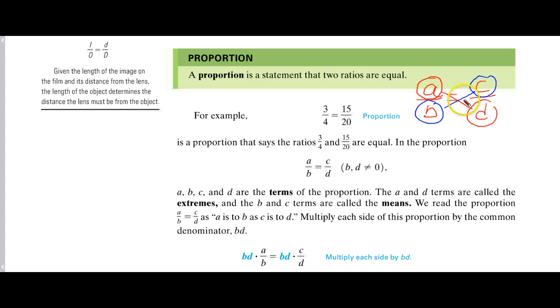So we say the product of the extremes equals the product of the means. So we can use this as we cross multiply, that AD equals BC, and we get this particular formula. So we will use that to figure out missing items, that if we have a ratio here and we're missing one of the items there, we can use a little bit of simple algebra, and we'll show you how to do that.